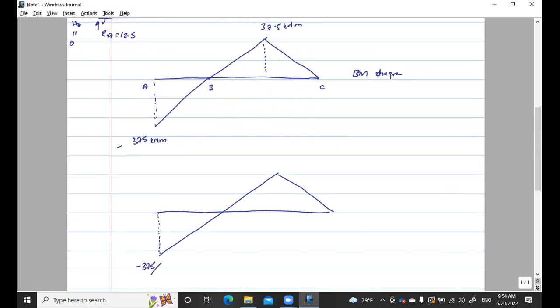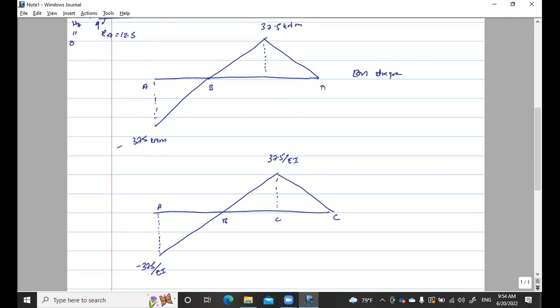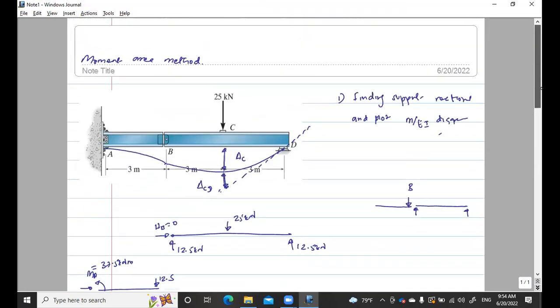Minus 37.5 over EI, and A, B, C here and D. Now, if you look at it, finding the deflection at B is very easy.